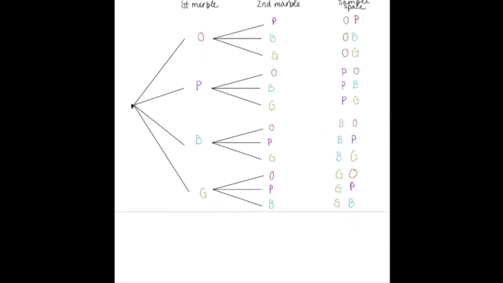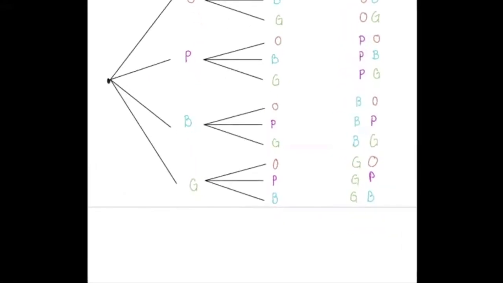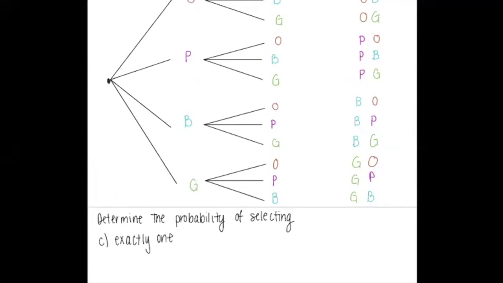So we're going to utilize this now to calculate two probabilities. We're going to determine the probability of selecting, technically this is C, exactly one pink marble.